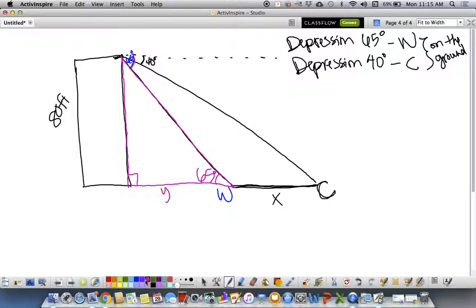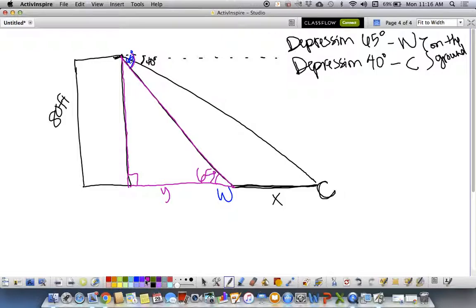Sine, you have the opposite. Cosine, because we're looking for the adjacent. You don't have the hypotenuse, so you can't use sine or cosine. So you have to use tangent.